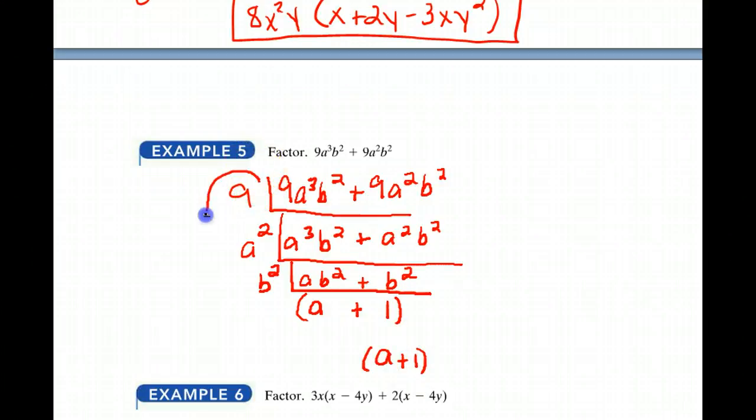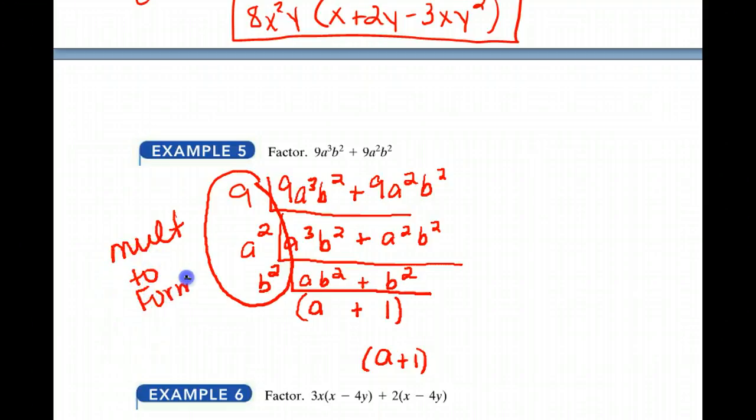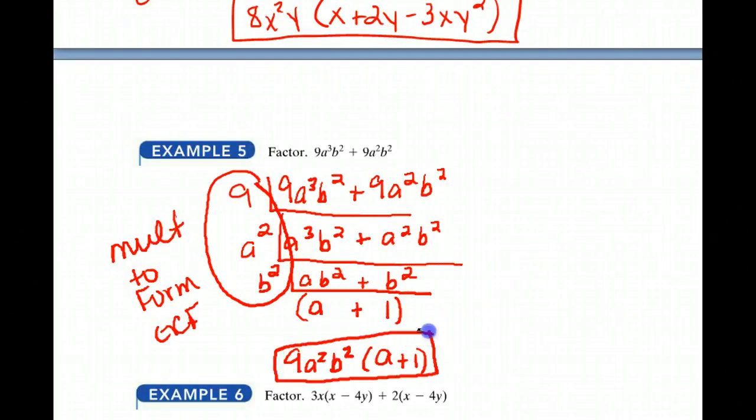And everything that we removed on the left-hand side has to get multiplied back together to form the GCF of the expression. So 9 times a squared times b squared. So we have 9a squared b squared times the quantity a plus 1.